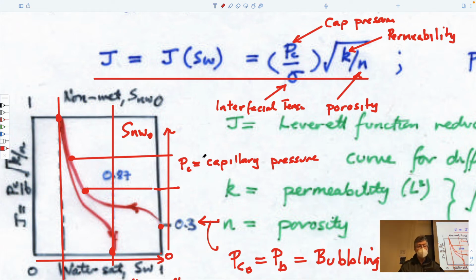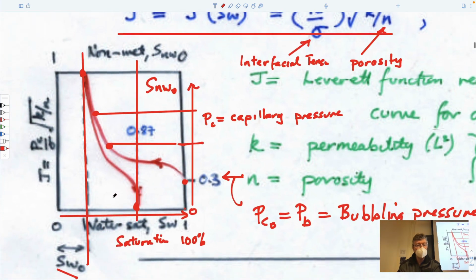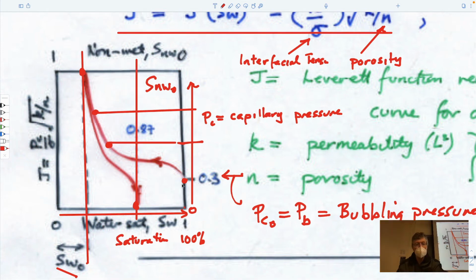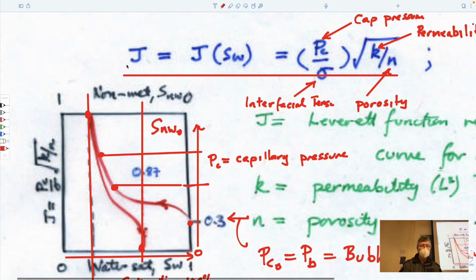So the point is that if we non-dimensionalize this curve, this bubbling always occurs at an order of about 0.3. So when this invasion occurs, the magnitude of this should be about 0.3, in other words, this ordinate here.